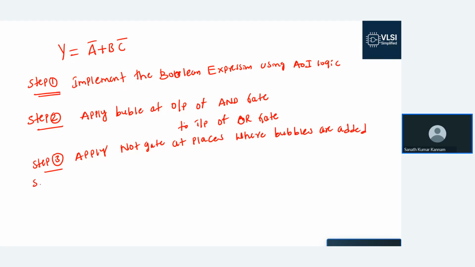Step four: look out for double inversion, and cancel the extra NOT gates.